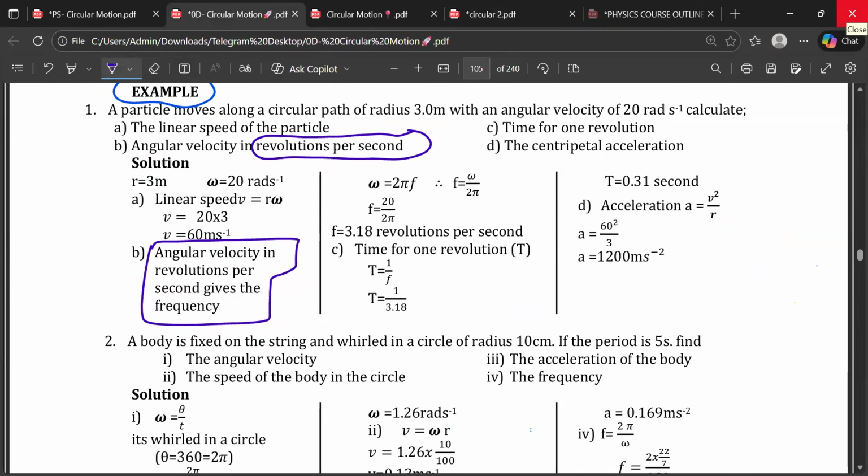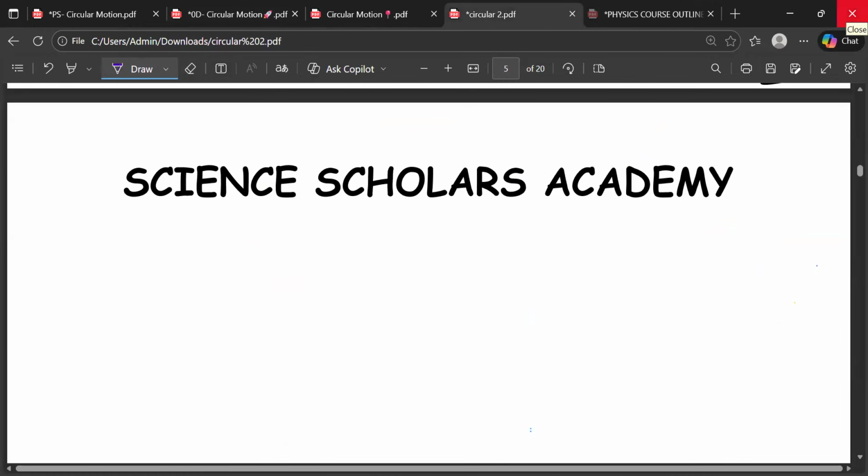Time for 1 revolution, that is T, the periodic time. Since you have frequency, but this is what I advise: since the frequency is rounded off, don't use it. Use this formula, 2 pi over omega, because you still have the omega untampered with in the question. This one is a better formula than using 1 over f, which you have rounded off. It is okay, but I'm just giving you the best advice.